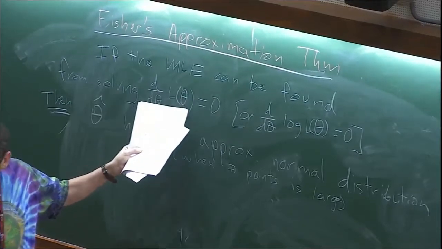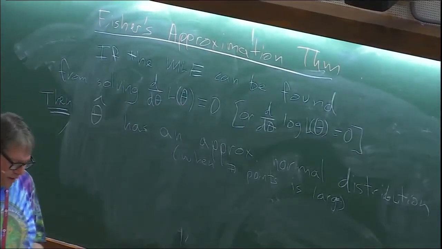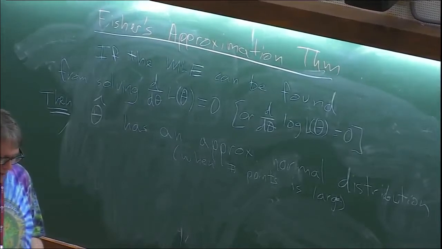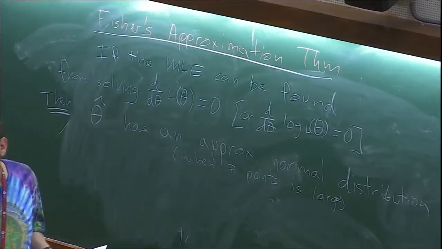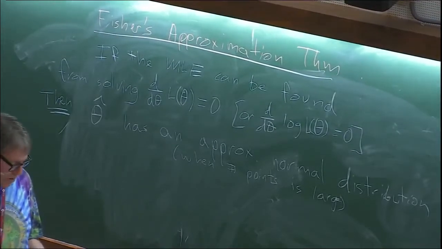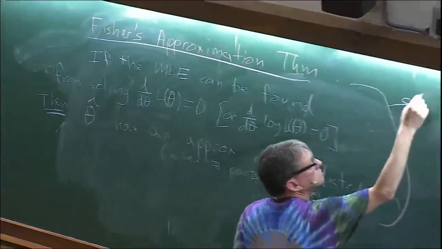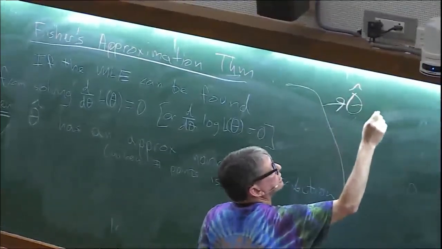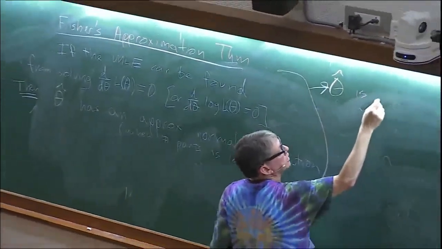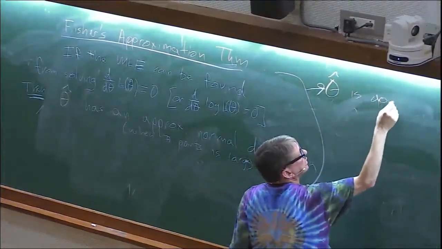So this theorem applies to maximum likelihood estimators that are in the interior of the domain. Okay, and it means that theta hat is approximately unbiased, okay?